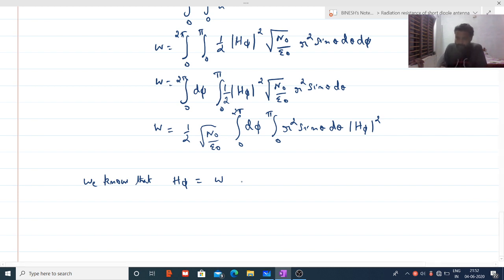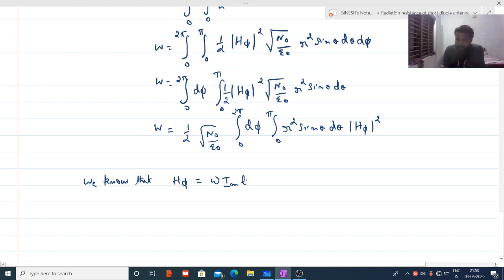I will take l only here: omega Im l. In the previous case I wrote dl, the small current element. Here we are taking a short dipole antenna, so instead of dl we can take l, and instead of omega naught I can write omega.